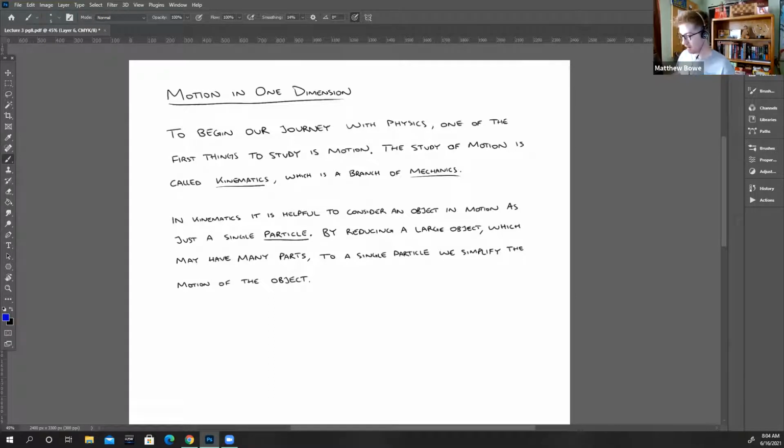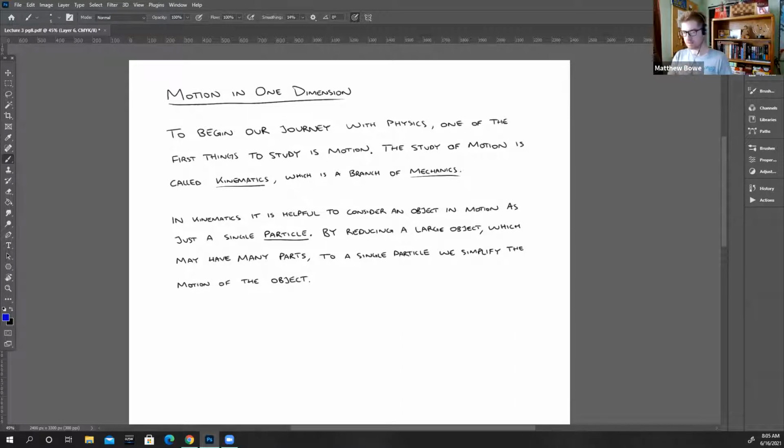Okay, so in kinematics, it's movement. It's anything that's moving. We start out in one dimension. We want to make things simple. So we're going to think of all of the things we're going to be giving as an example and reduce them down to a single particle, or a single point. There's the example in the book of a race.